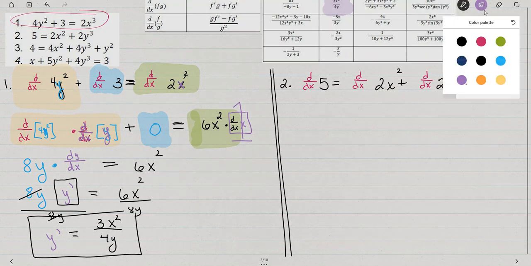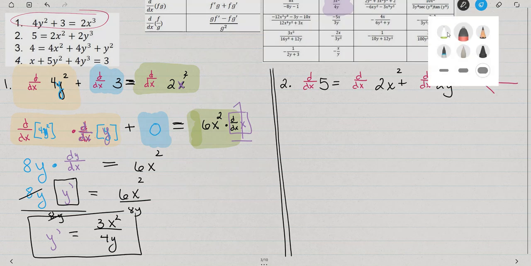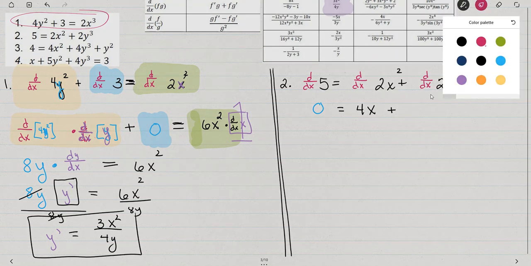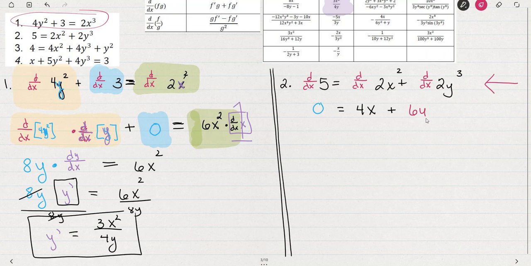Let's move quickly on to number 2. The derivative with respect to x of 5. That's just a constant, so we get a big fat 0. The derivative with respect to x of 2x squared: 2 times 2 is 4, and 4x to the 2 minus 1, so 1. Plus, and here's where I've got to watch the chain, because I'm going to say 2 times 3, I'll do it in two colors, 2 times 3 is 6. y to the 1 less than 3 is y squared.